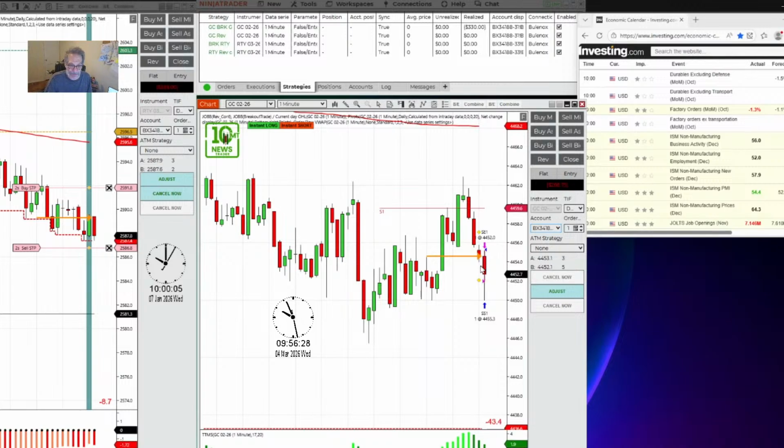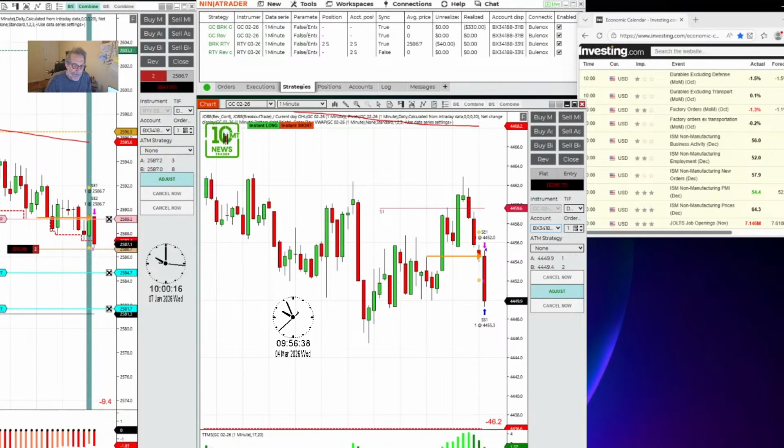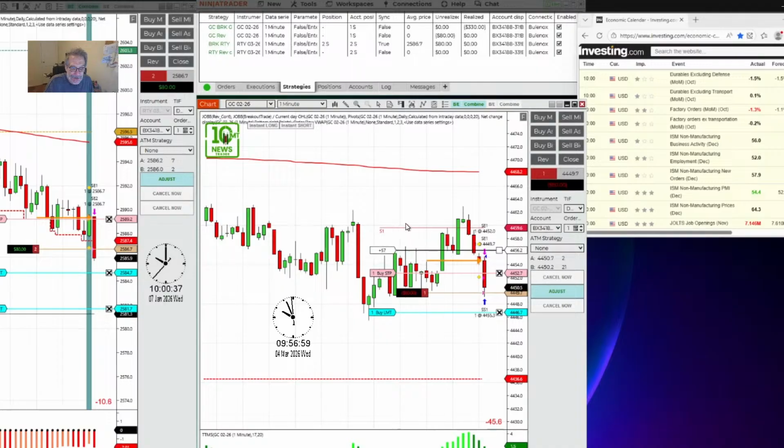You could see that whipsaw candle. Very unsafe. And then the RTY, much slower entry. And then the question is, did it follow through? At least to hit your first target. And it did. It got to the first target.